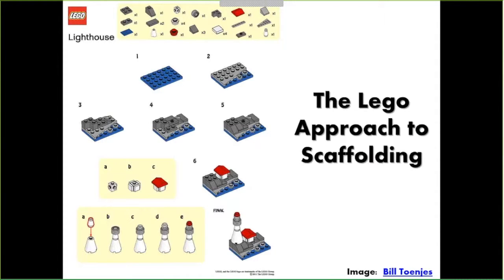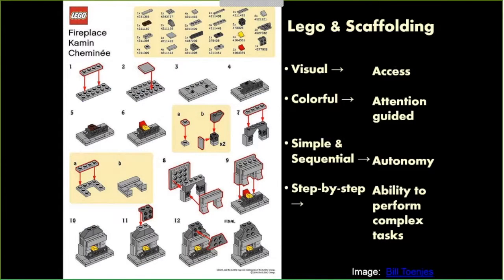So if we take a look at this image, this is a great depiction of how LEGO scaffolds. And you'll notice here that there are a number of characteristics that each of these diagrams share. First of all, they are visual, which provides access, irrespective of how old the child is, irrespective of what language the child speaks.